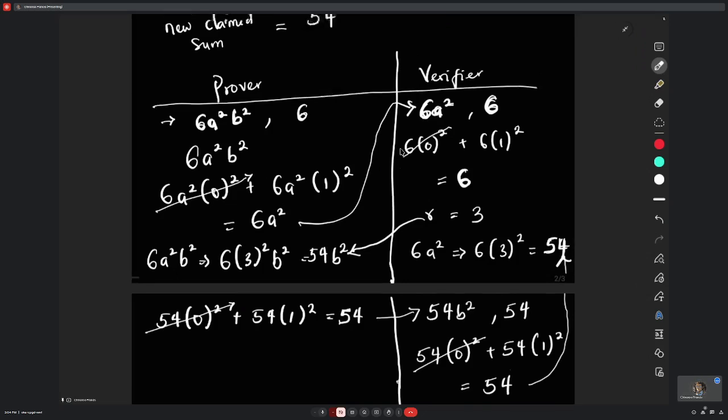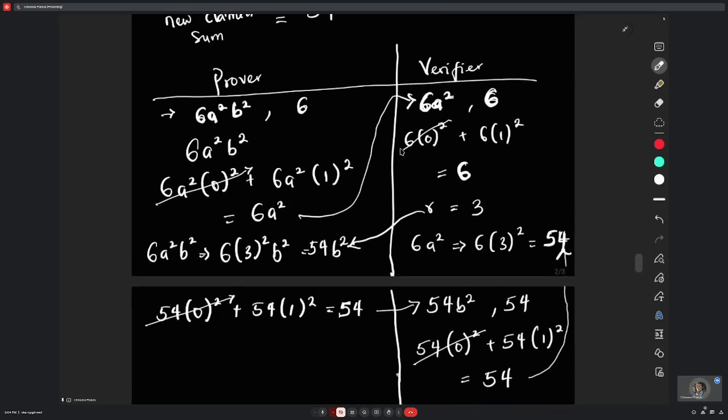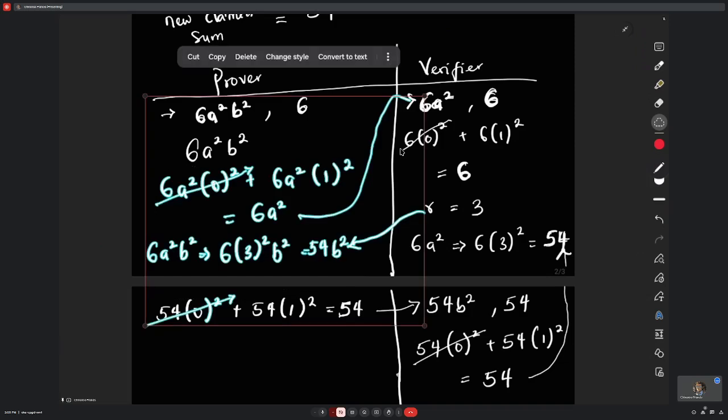Okay. So he sums it and he also generates a univariate polynomial in B. He skips A and evaluates B over the Boolean hypercube, sums it and sends it to the verifier.